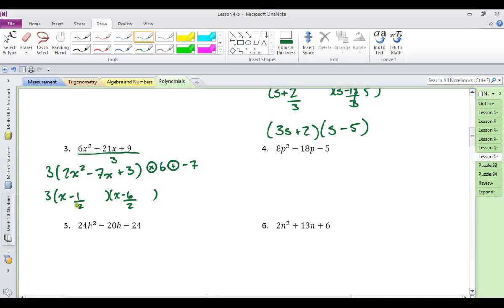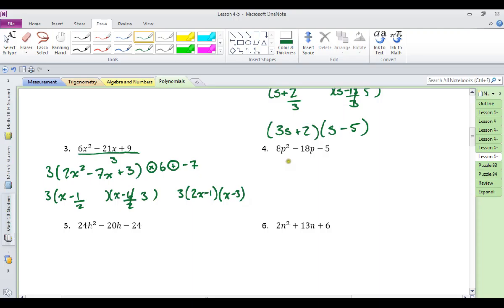Does that simplify? No. So it's 3(2x minus 1). Does that simplify? Yes. To what? To 3. X minus 3. Everybody cool? Trust me, guys, this does take a bit of practice.